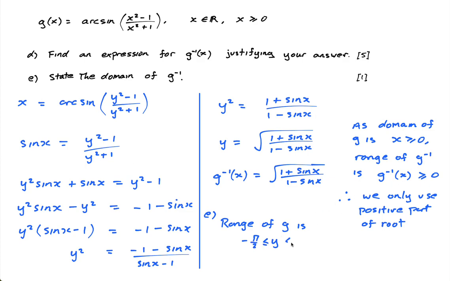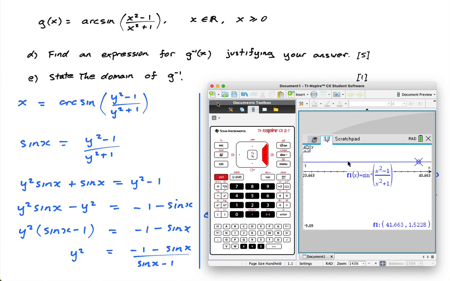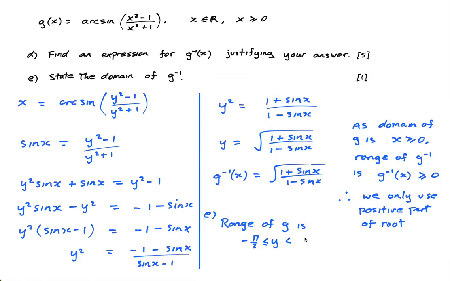be less than, if you remember, guys, from our very first question, or maybe the second question, we said we had a horizontal asymptote, and this is a horizontal asymptote here. It's never going to meet a certain value. What's that y value that it is not going to meet? Well, it's 1.57, which is pi over 2, because that is where the horizontal asymptote is.